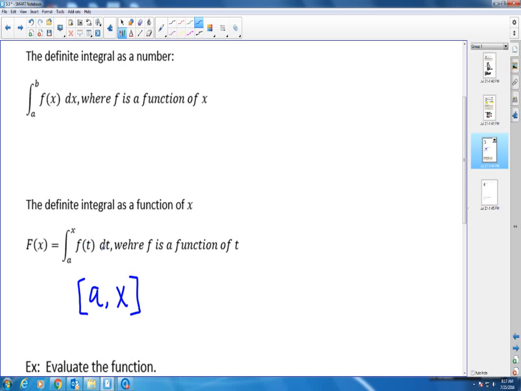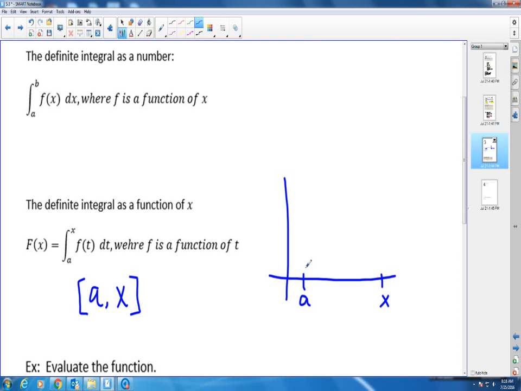But the function that I'm evaluating is not in terms of x, because that would cause some confusion with the variables. So I'm going to use a variable t. So my function f here is a function with respect to t. Basically what I have here is a all the way down to x. That's my integral.